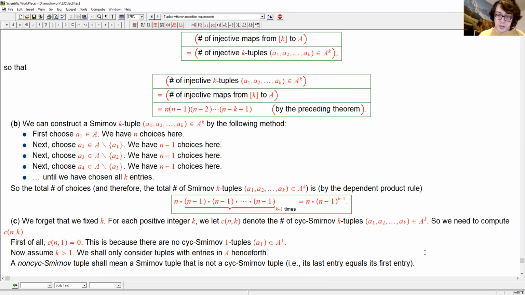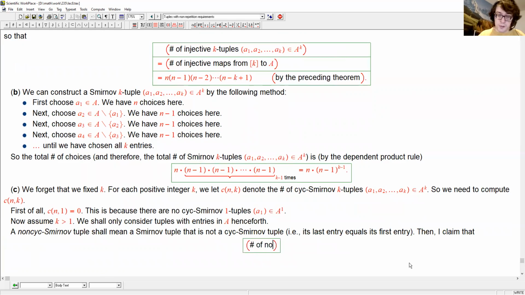For 6-Smirnov, its last entry has to be distinct from its first entry. Now we require the opposite. We require them to be equal. Then I claim that the number of non-6-Smirnov k-tuples equals the number of 6-Smirnov (k minus 1)-tuples. Why is that?